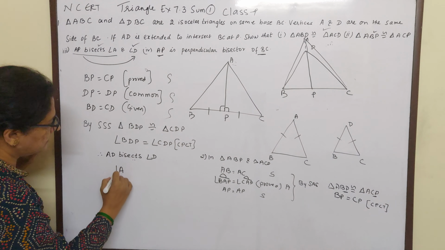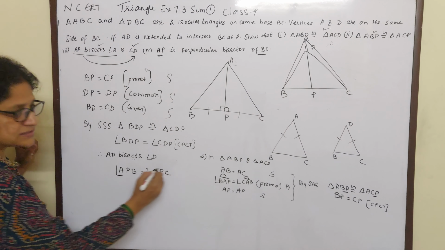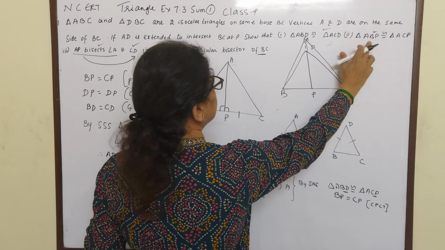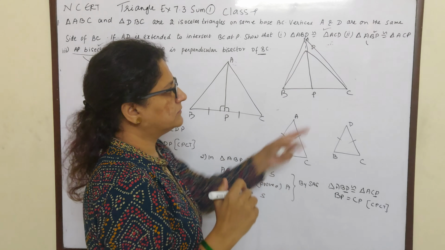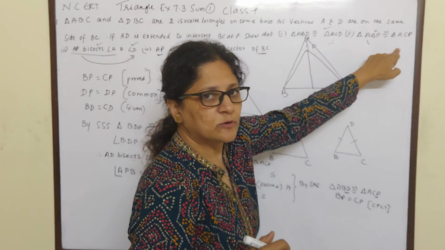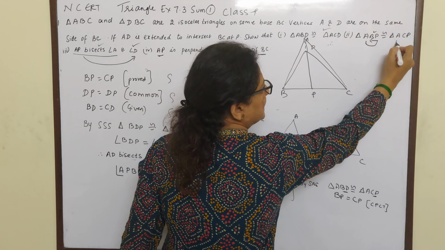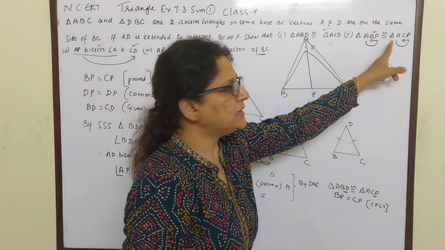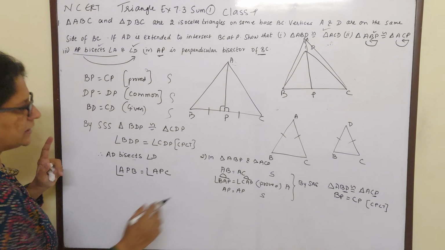So angle APB is equal to angle APC. You already proved this in the second point, that this is equal to this. So you can go and write that APB is equal to APC.